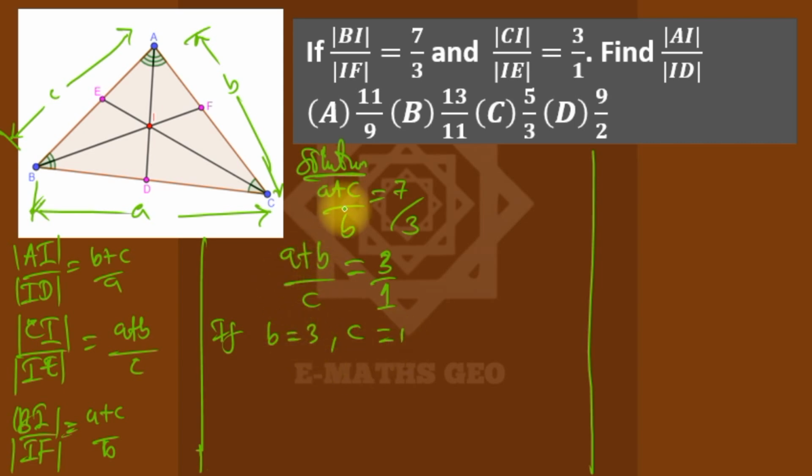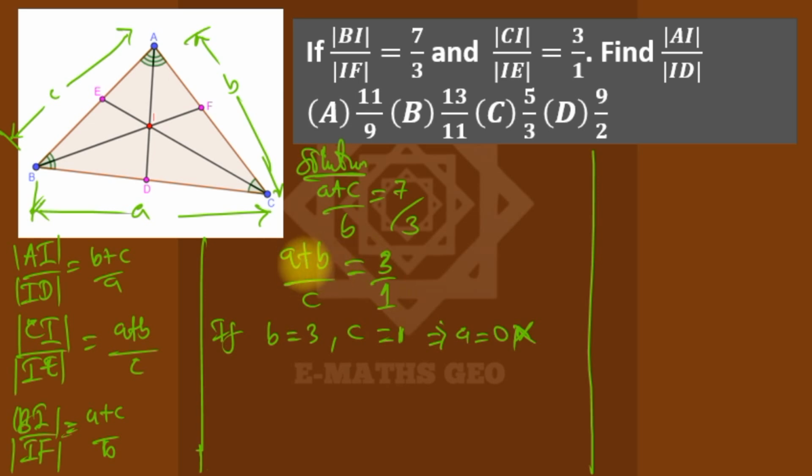If b is 3 and c is 1, then a should be, since here is 1 and here b is 3, a is 0, which is not possible. So it's off.